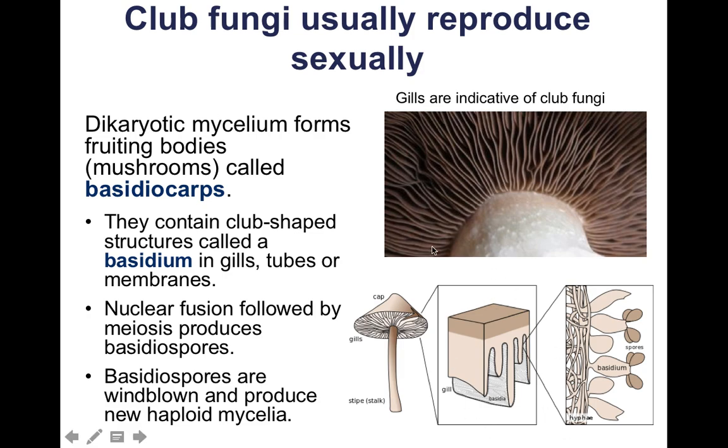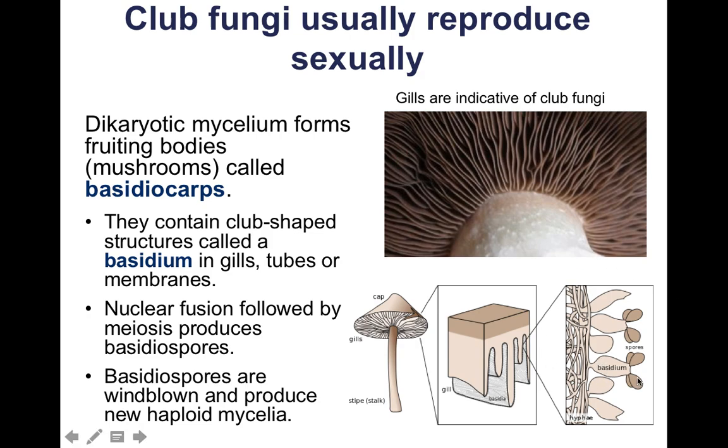And the basidiocarps are going to contain club-shaped structures, that's where the name club fungi comes from, that are called basidia. So if you see a gilled mushroom, these basidia are going to be present in the gills. If it's something like a shelf fungus, these will be present in tubes within the fungus, or membranes, which is the case of the puffball mushrooms.